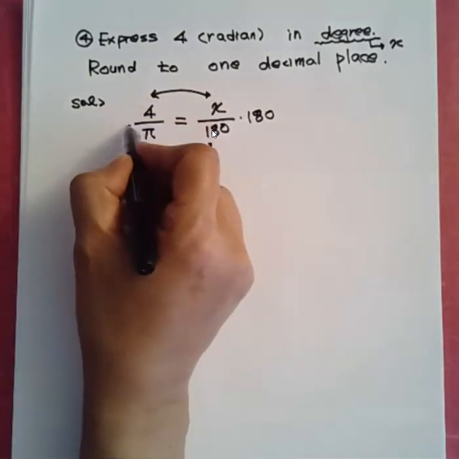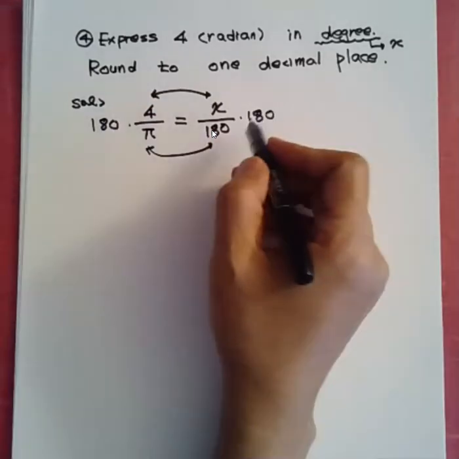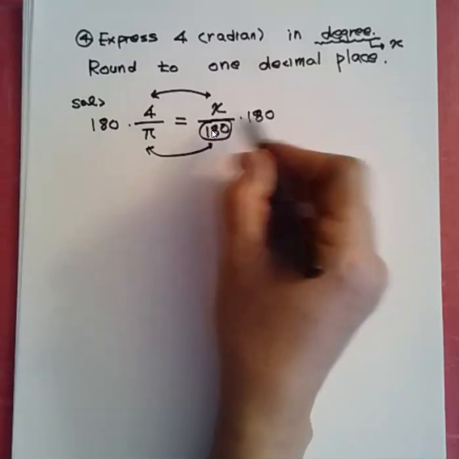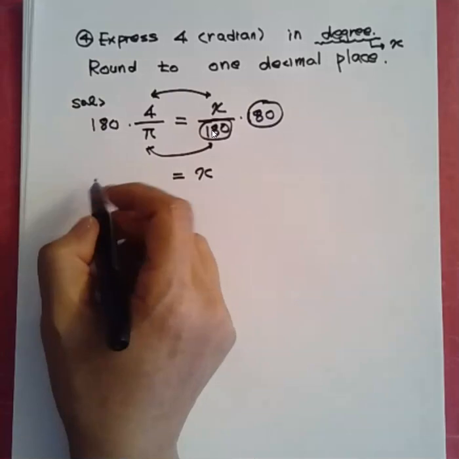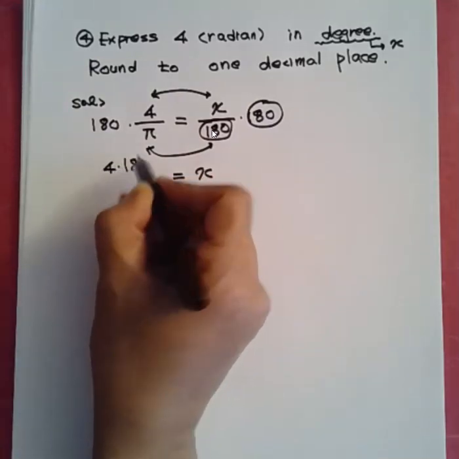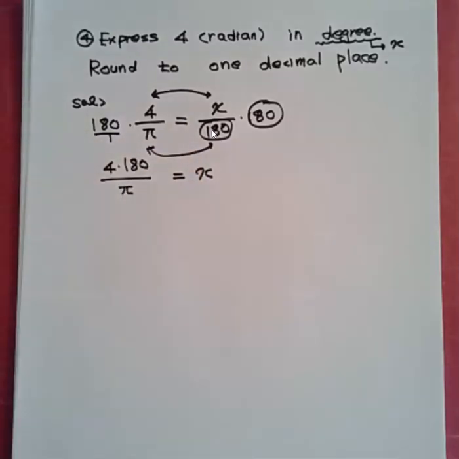To get x by itself on the right side, let's multiply by 180 degree on both sides. These two will cancel each other. So x becomes 4 times 180 over pi. The problem is asking you to round to one decimal place.